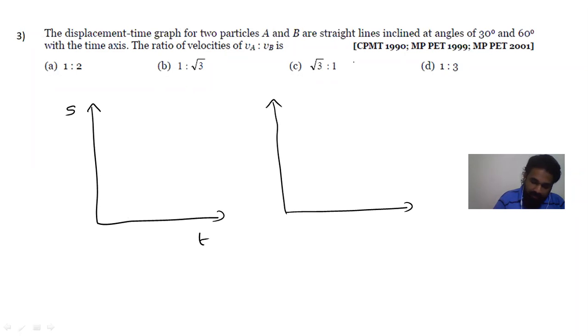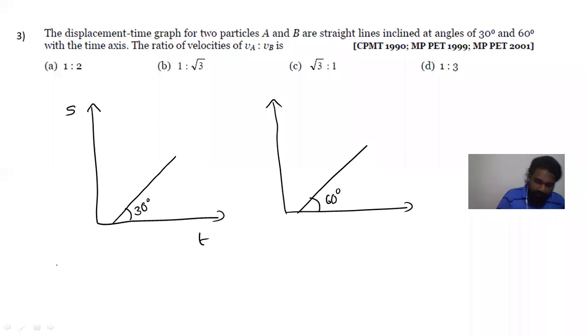Both are straight lines, one at an angle of 30 degrees, another at an angle of 60 degrees with the time axis. What they are asking is the ratio of their velocities. Please do this and comment the answers.